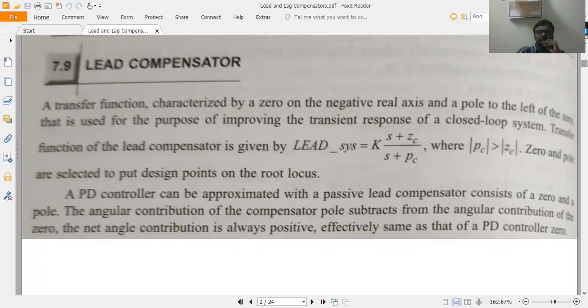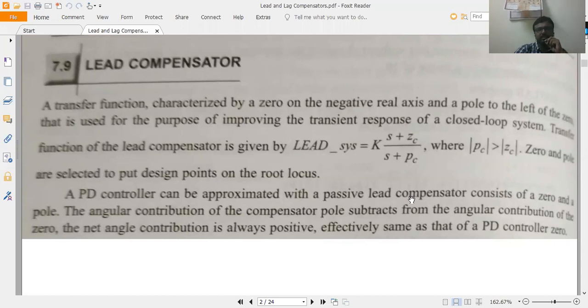That means the pole value should be greater than the zero value. If the value of the pole pc is more than the value of the zero zc, then the particular compensator is simply called the lead compensator.